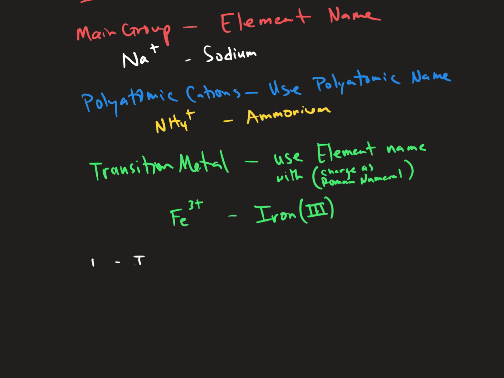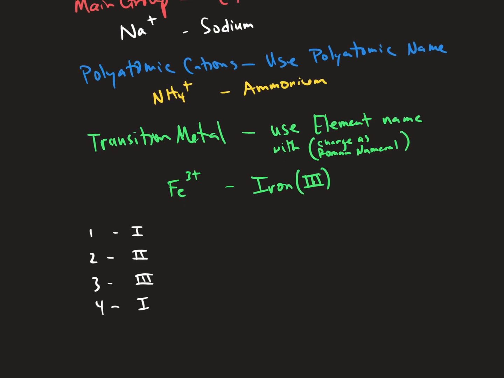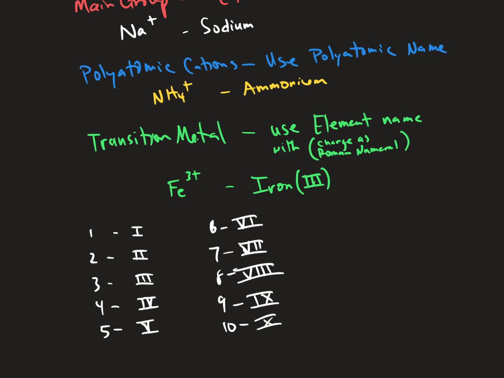1 is I, 2 is II, 3 is III, 4 is IV, which is 1 before 5, and 5 is V. Good. 6 is VI, 7 is VII, 8 is VIII, 9 is IX, which is 1 before 10, and 10 is X. And we don't need to know more than that.